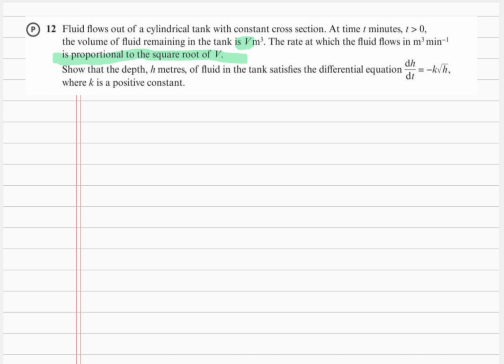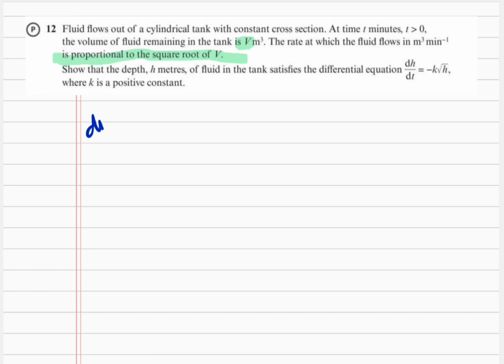All right, so for this part, first of all, we need to find a differential equation that is basically giving us the rate of change of the fluid. The crucial thing here is the part that I highlighted: the rate at which the fluid flows in meters cubed per minute is proportional to the square root of V. So this is basically telling us the rate of change of the volume of the fluid.